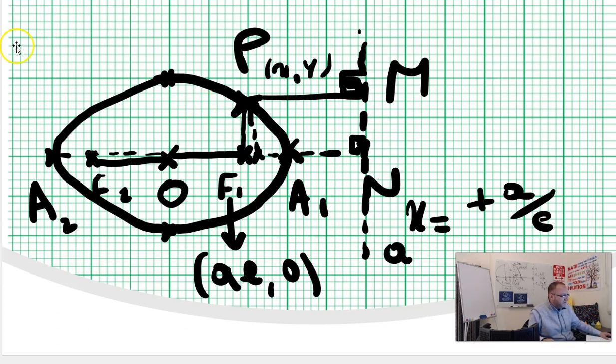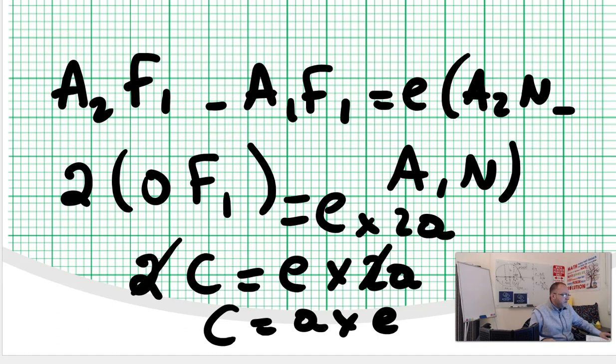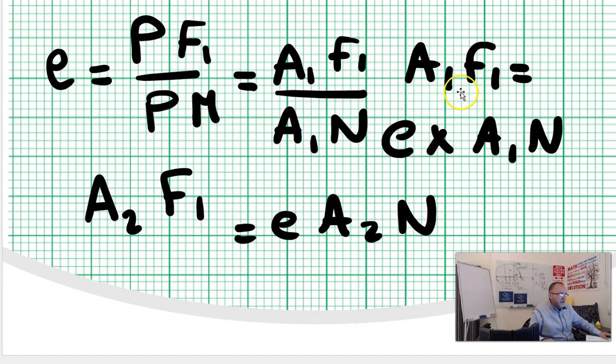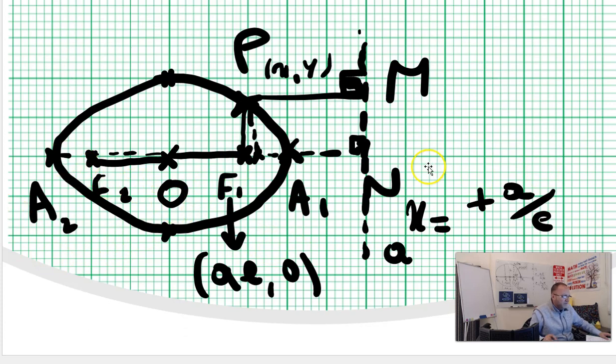D1 plus D2, this is what they become, okay? And then if we go ahead, they become like this: A1F1 equals e times A1N, and A2F1 equals e times this whole thing, A2N, from here to here.